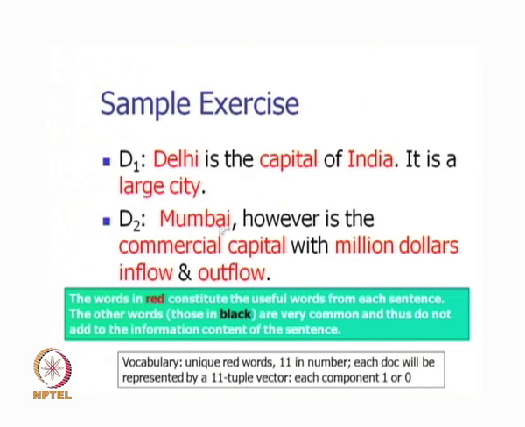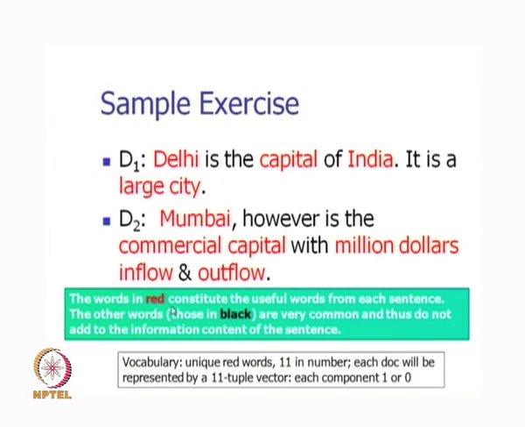Now, we do a small sample exercise. Suppose our first document D1 is: Delhi is the capital of India, it is a large city. Okay. D2 is another document which contains the text: Mumbai, however, is the commercial capital with $1 million inflow and outflow.